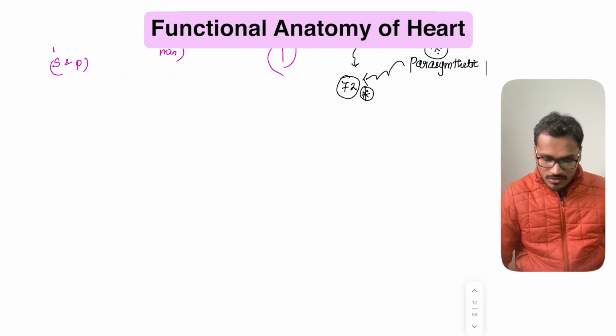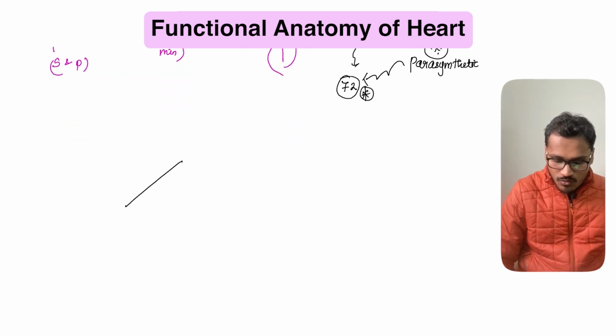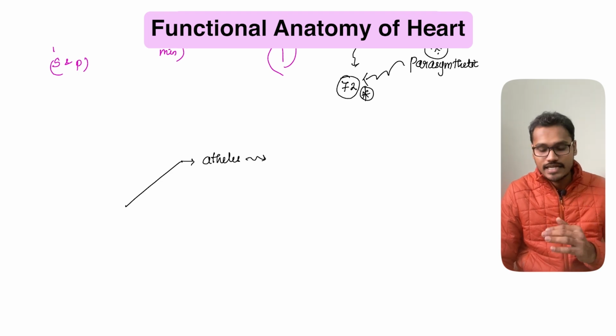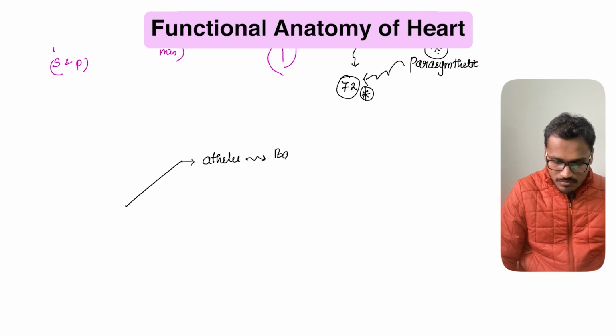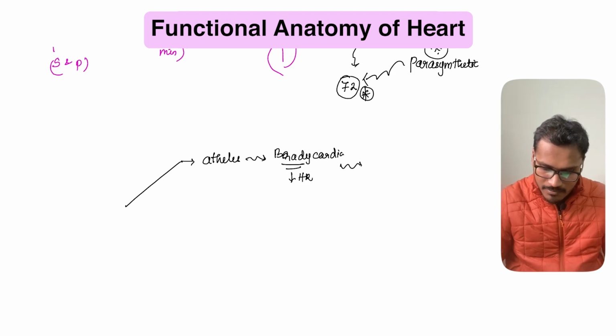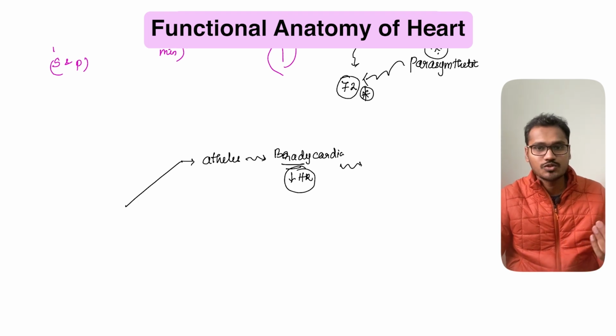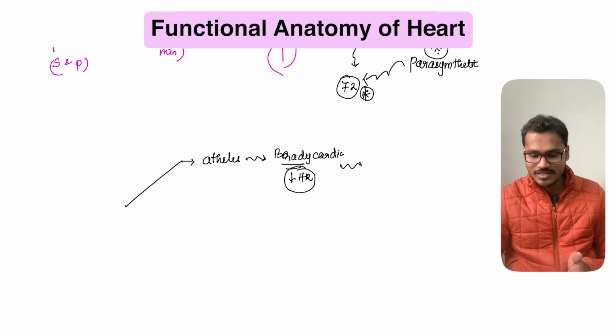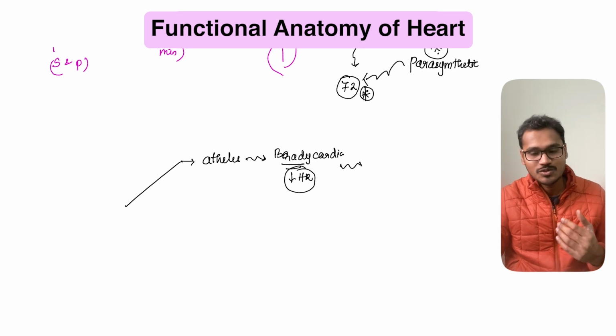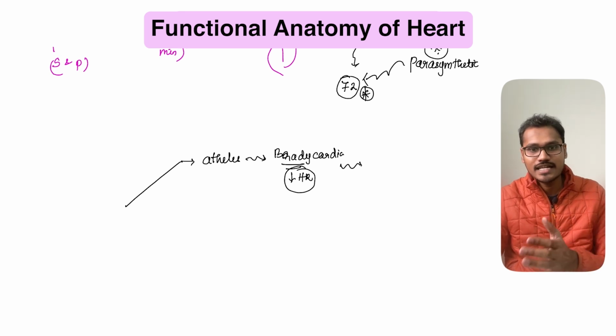Now coming to the two important scenarios: what happens in athletes? Athletic people usually have bradycardia at rest. Bradycardia means decreased heart rate. The reason we have just discussed: which system can act and decrease heart rate?